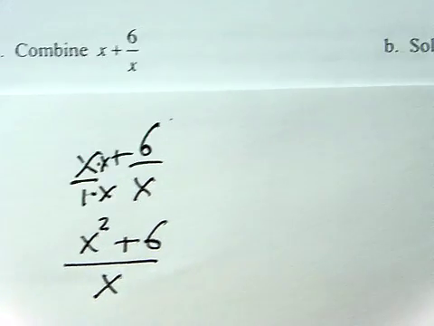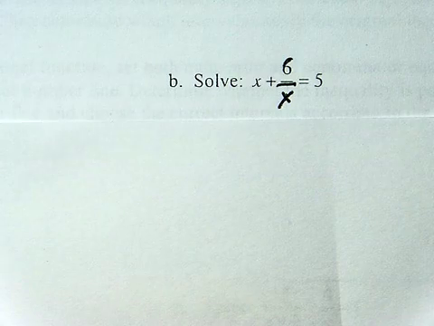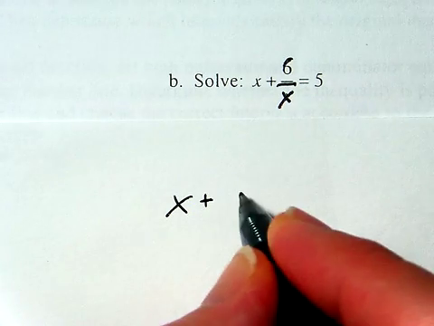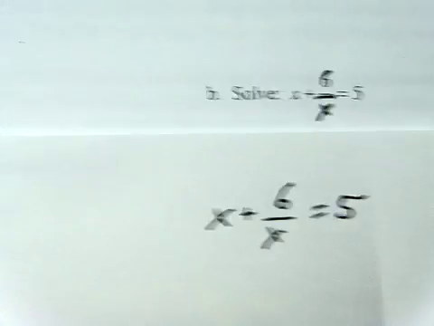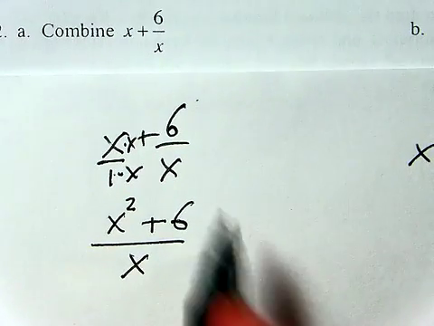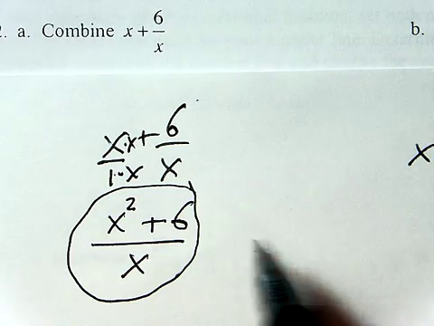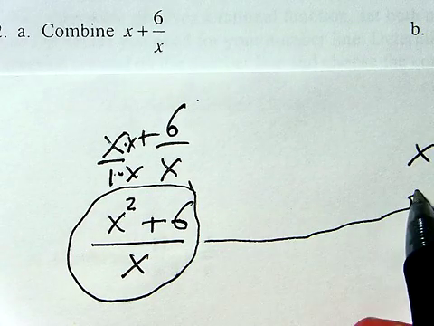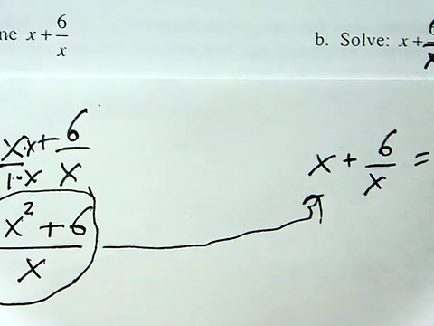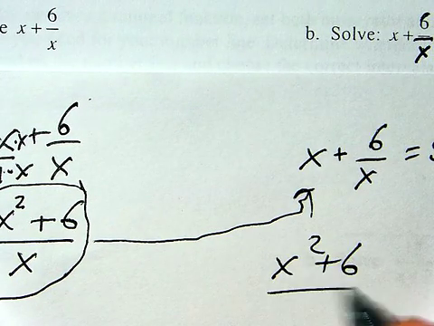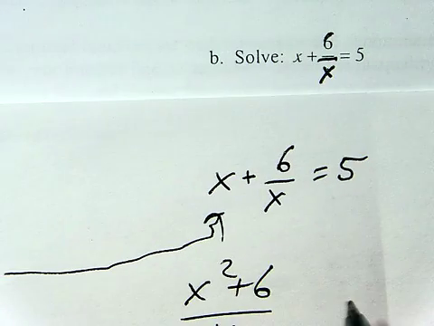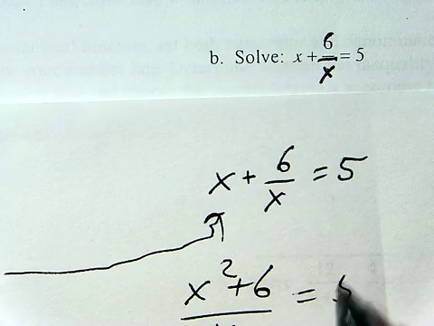So in order to solve the equation x plus 6 over x equals 5, we can substitute in this term, x squared plus 6 over x, for the left-hand side of this equation. So this is the same thing as x squared plus 6 over x equals 5.